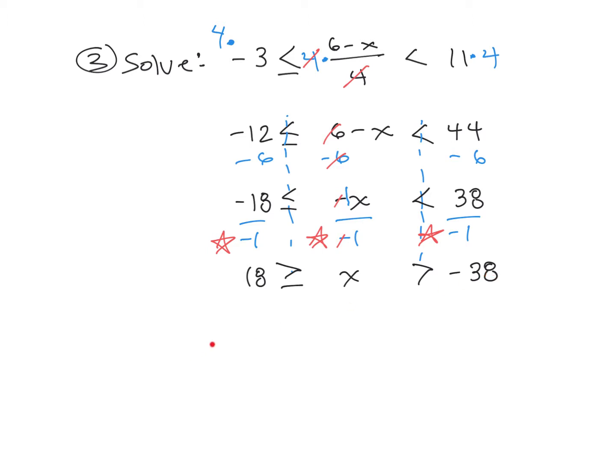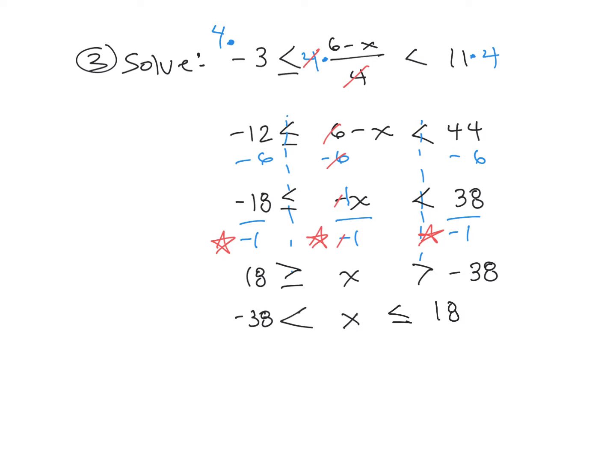So if I turn this around and start with -38, then I've got to use that greater than, which I'm going to turn back around to make it less than, x, and then I'm going to turn this greater than or equal to around here to become less than or equal to. And then I'm going to finish with that 18.